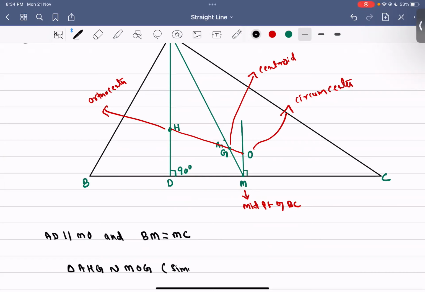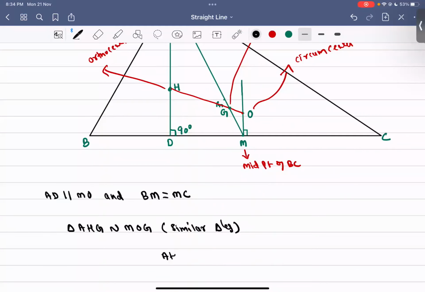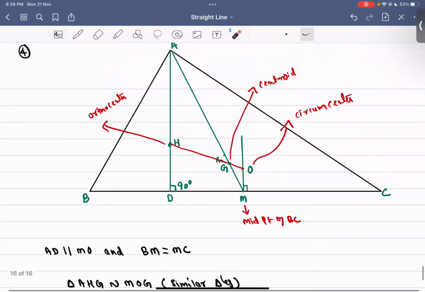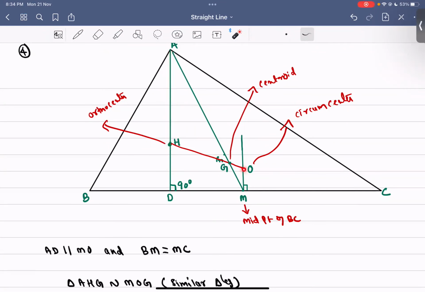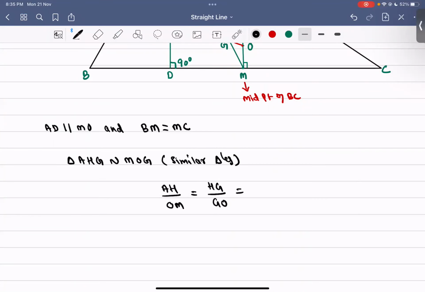Therefore, if the triangles are similar, then the ratios of sides, that is AH over OM, is equal to HG over GO is equal to AG over GM. We'll write that one.